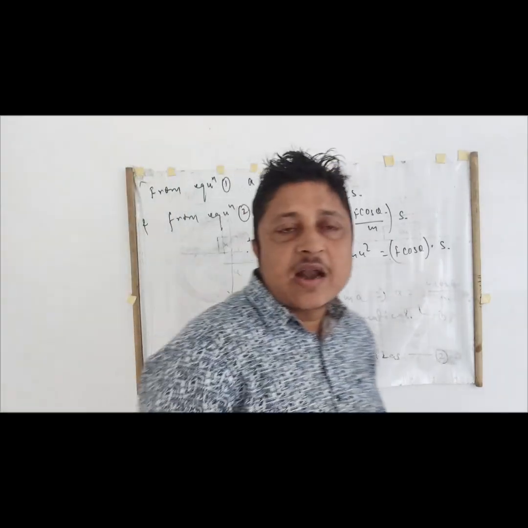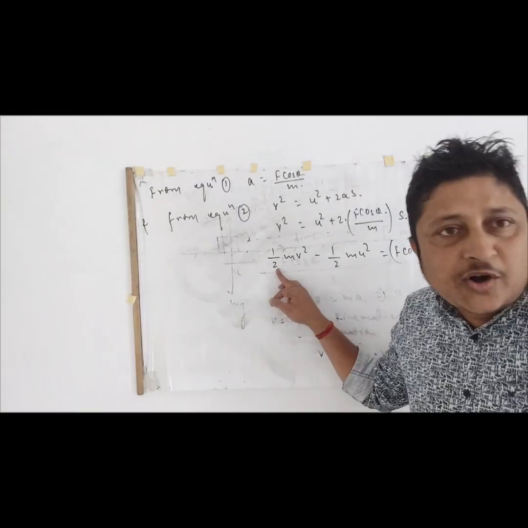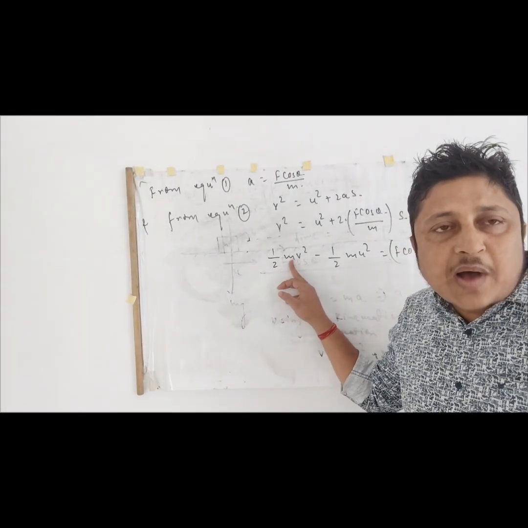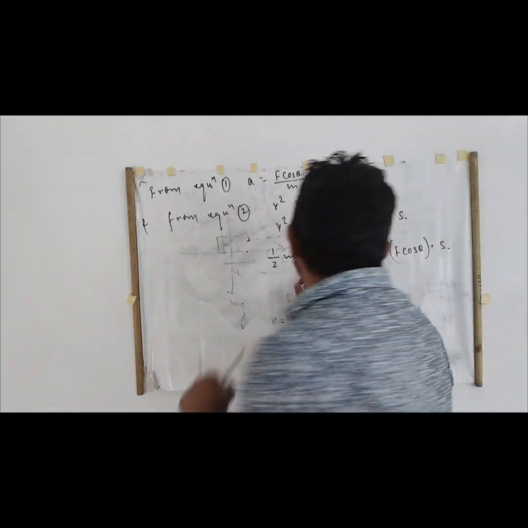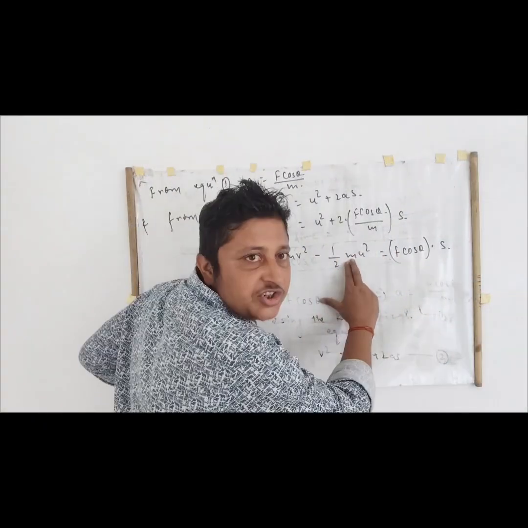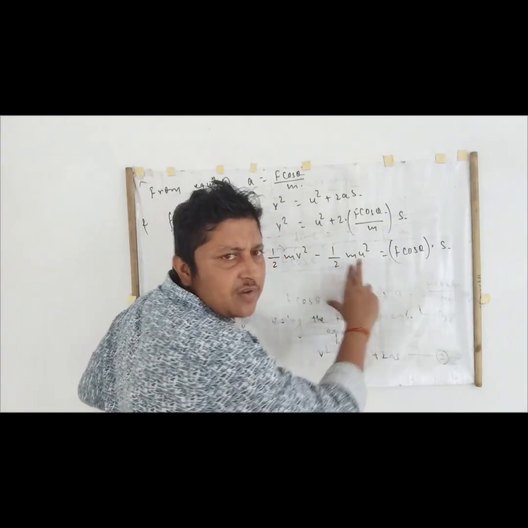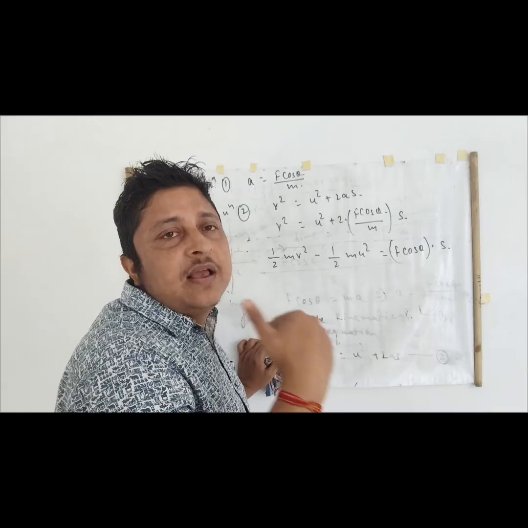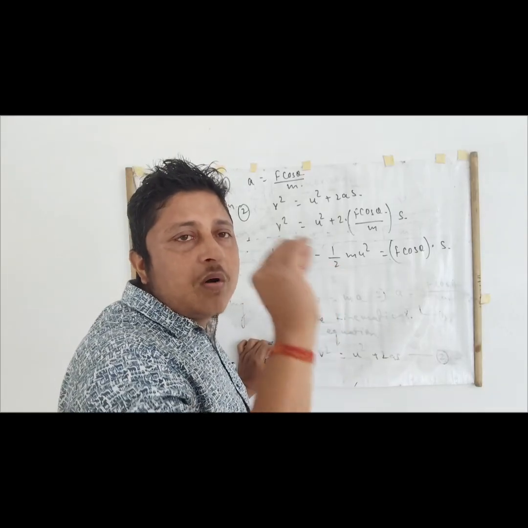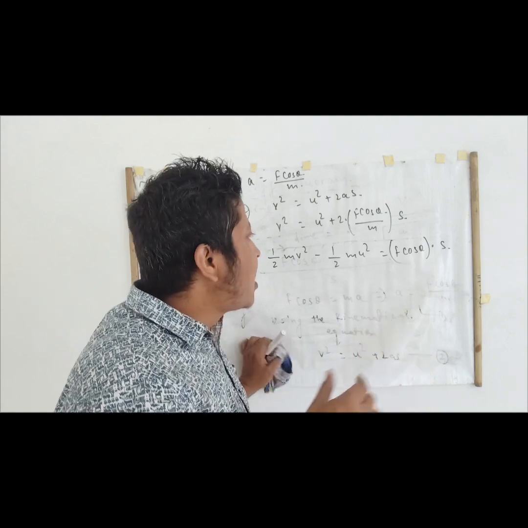Here, in the LHS, 1 by 2 is a constant, m denotes the mass of the body, and v denotes the final velocity. In the same way, m denotes the mass of the body and u denotes the initial velocity. The physical expression in the LHS is 1 by 2 into the mass of the body into the velocity of the body squared.